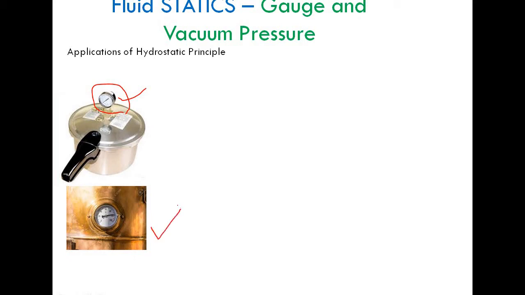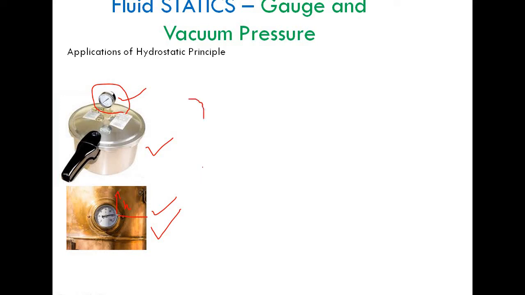And let us see this. This is a big cylinder, maybe an industrial unit, and at the vertical wall a pressure gauge is fixed. It reads the pressure of the fluid inside the cylinder or vessel at this particular location. That pressure corresponds to the height of the fluid above this level, that is H. This is normally used in industries, and the other is an example that we use for our domestic purposes.